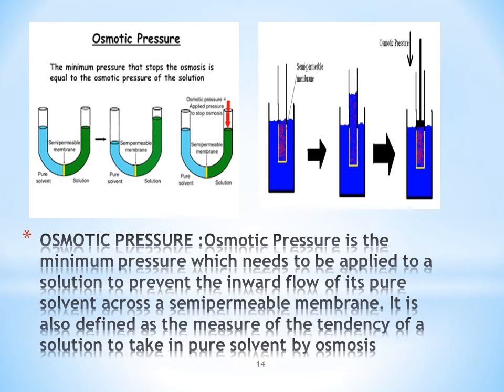Now to stop that process of osmosis, a pressure needs to be applied, which is shown by a red color downward arrow. When that pressure is applied, the osmosis process is stopped.